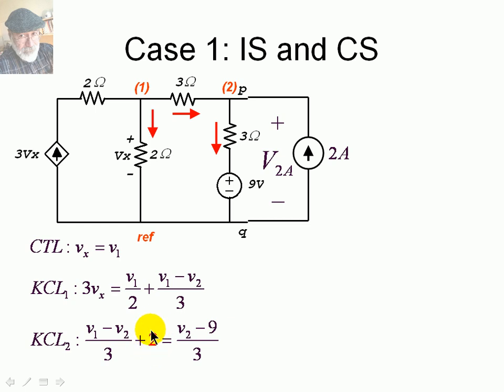So if you're solving that set using a calculator, you store that set and then edit that to change the 1 by 2 and ask the calculator to solve it again. The solution for V2 in this case is 185 over 28 volts, and that is the same V2a. Now we have V1a and V2a.